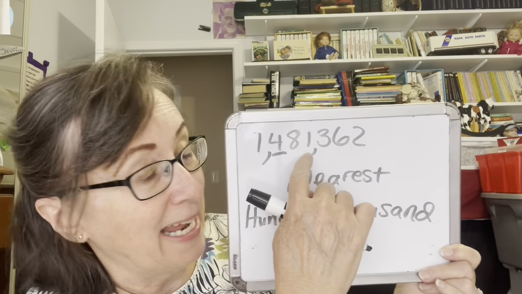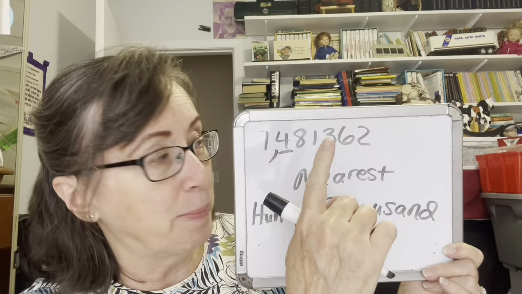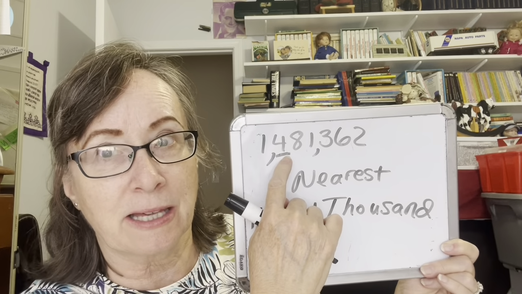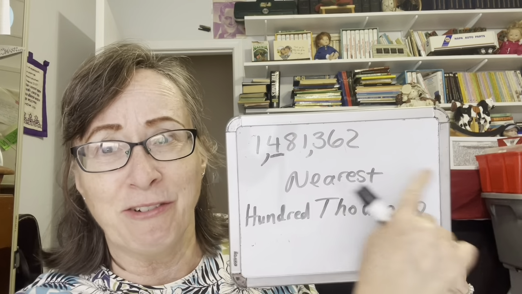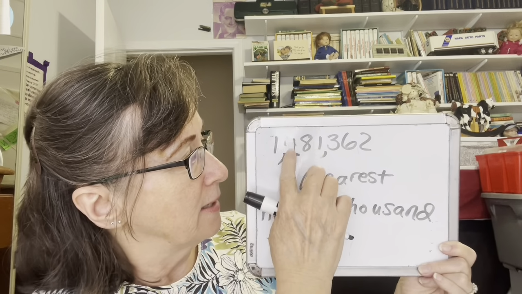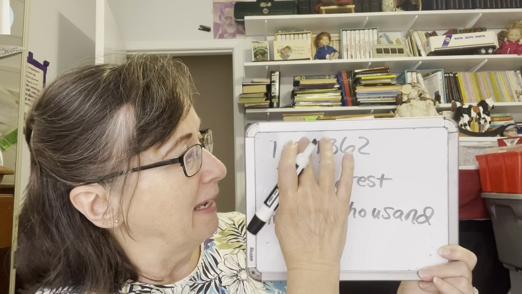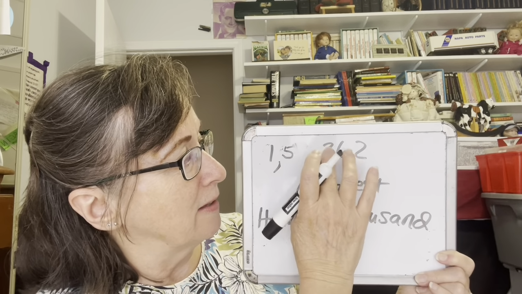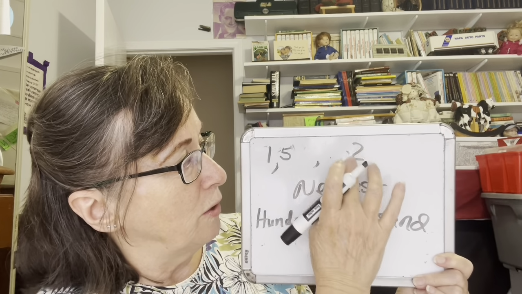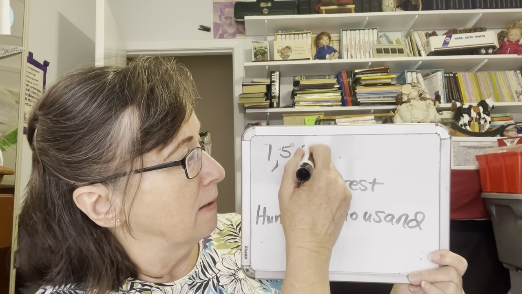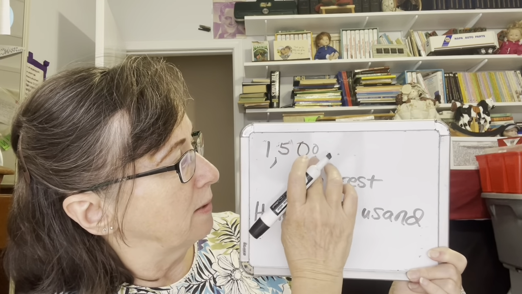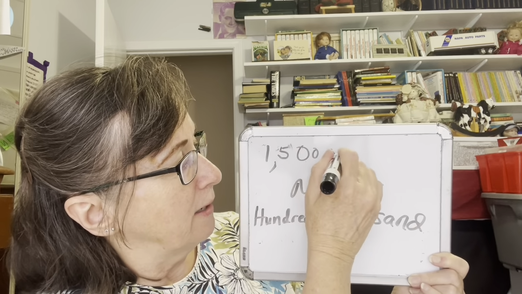So since it's an 8, we're going to round up, meaning that this one is going to go to 5, and everything else will become zeros. So let's do that. Let's make this one a 5. And then everything else goes to zeros, 0, 0, 0.